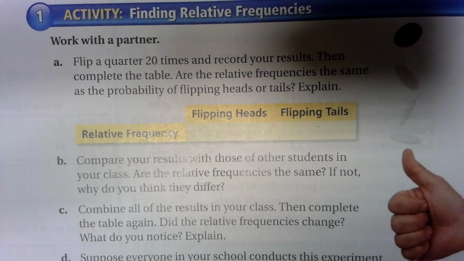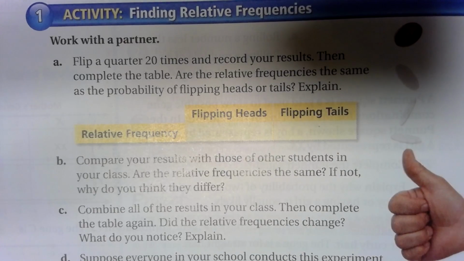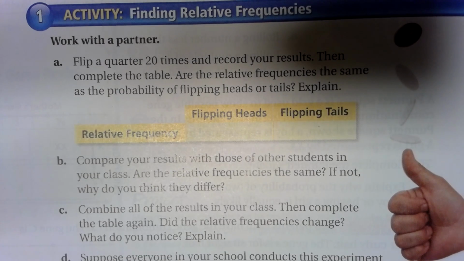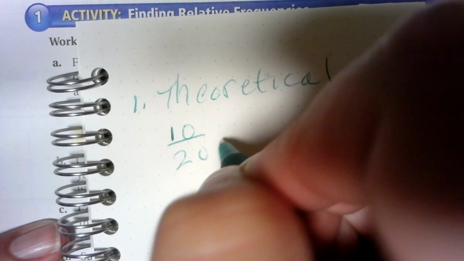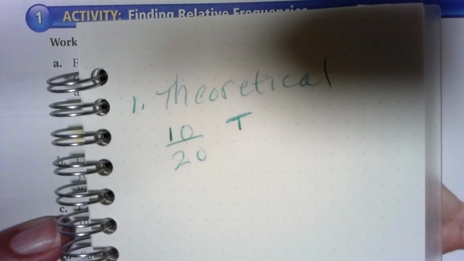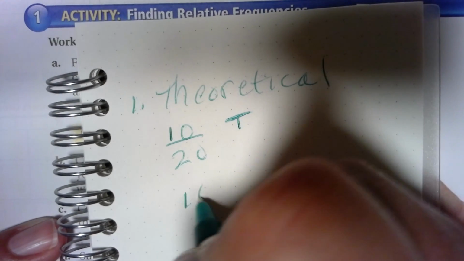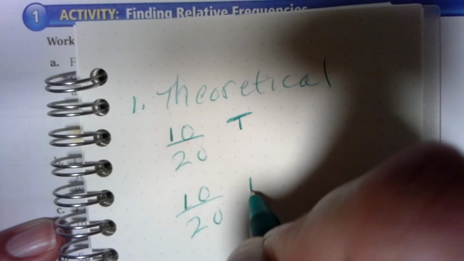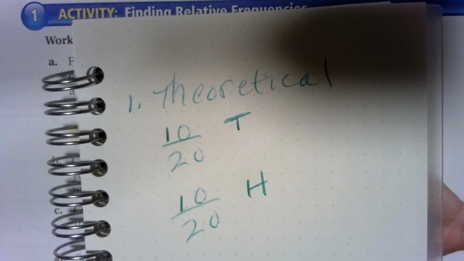So that would be your theoretical probability. Out of 20 times, I should get tails 10 times, and I should flip heads 10 times.